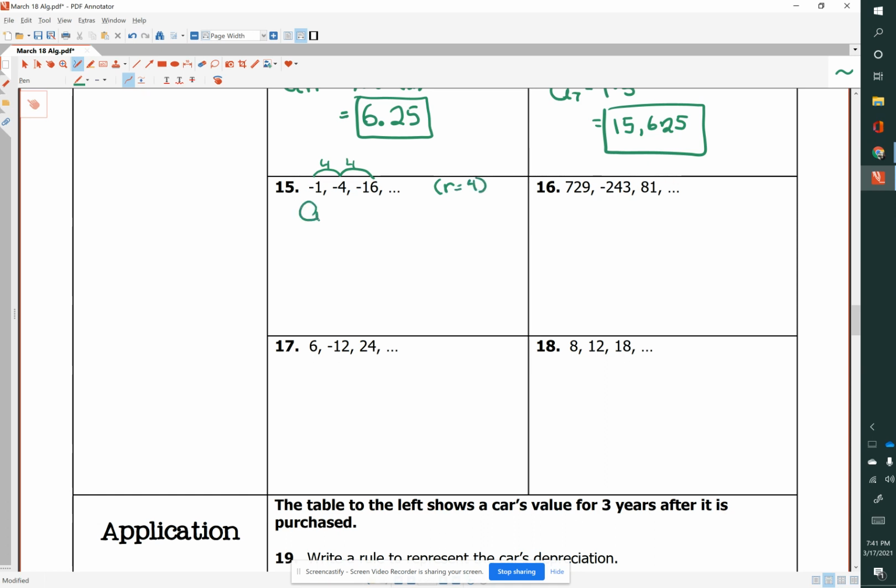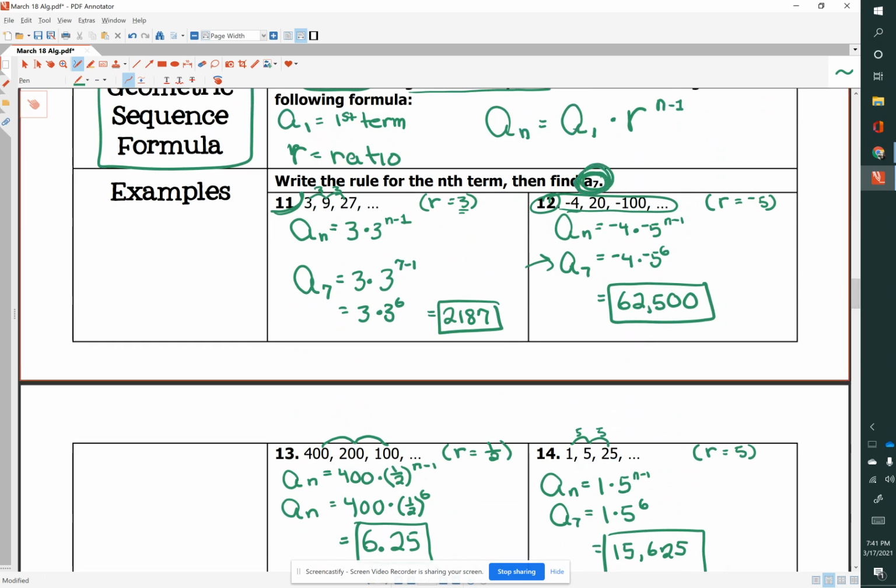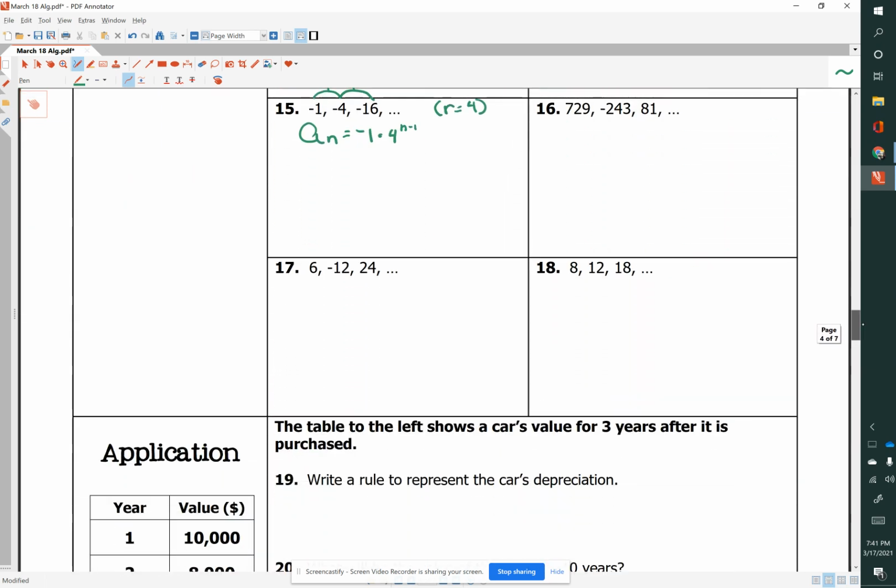And our generalized formula, a sub n, equals our first term, -1, times the common ratio of 4 raised to the n minus 1 exponent. Now, if they're asking us to find the 7th term in the sequence, which is what they're doing, that would be a sub 7 equals -1 times 4 to the 6th power, and that equals -4,096.